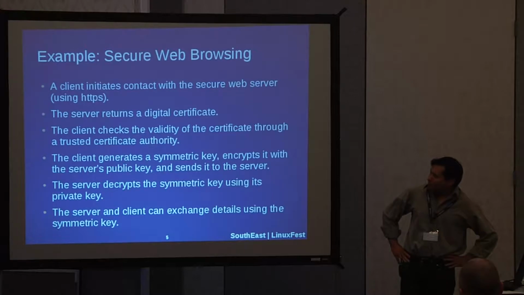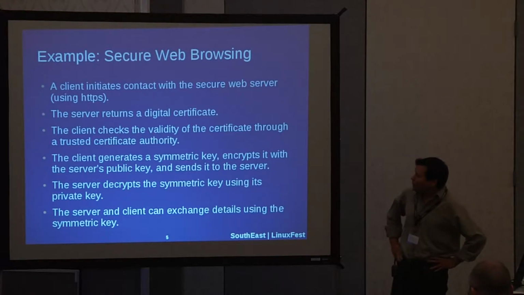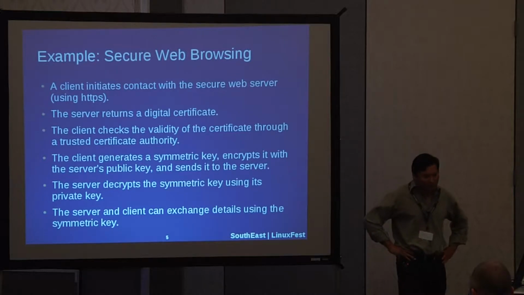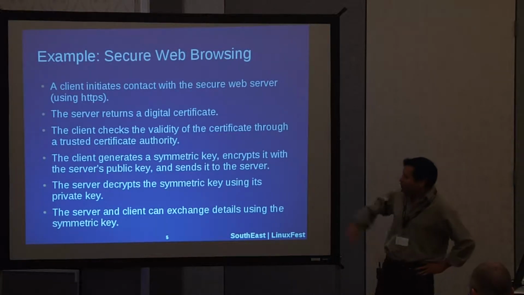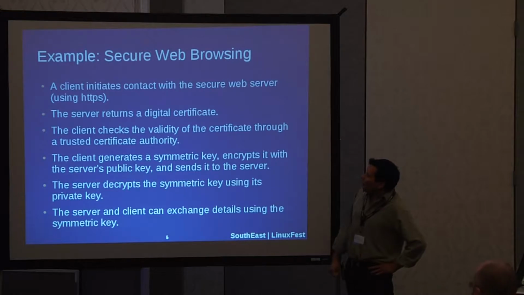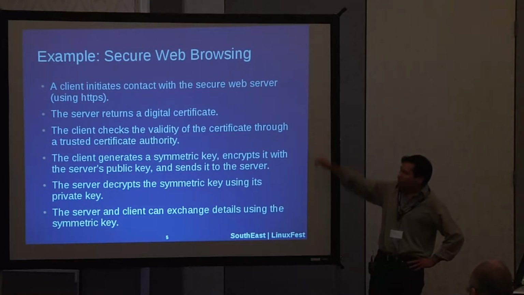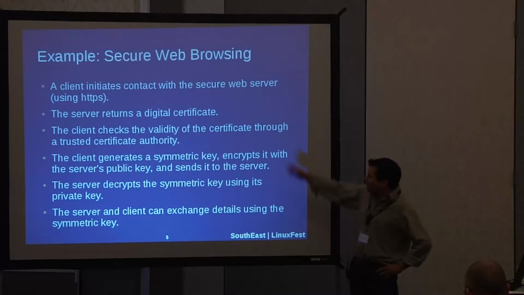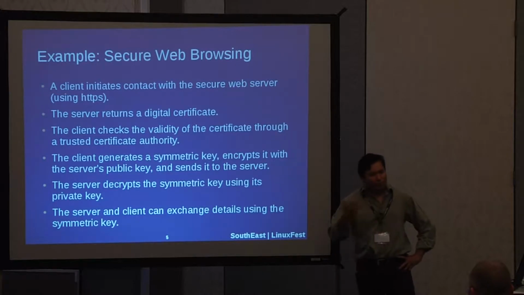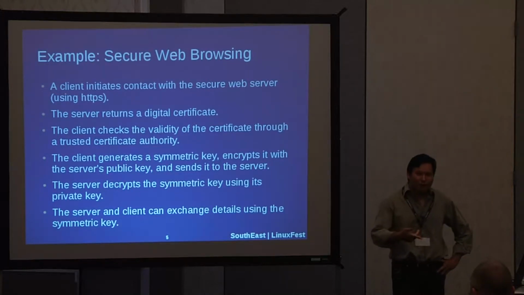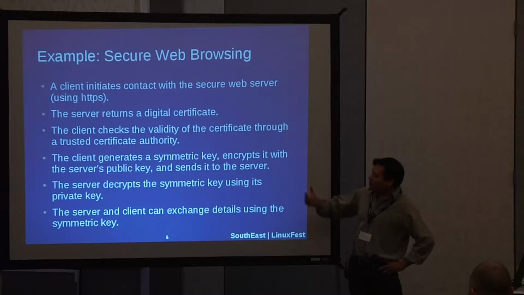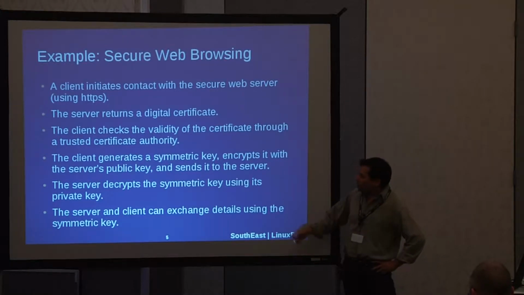As a simple example, take a client doing secure web browsing. This is SSL, basically going to an encrypted HTTPS web page. You initiate contact, and the server provides you a digital certificate. The client has to validate the certificate, so it checks to make sure the certificate is valid. It checks that the certificate's subject name matches the server.